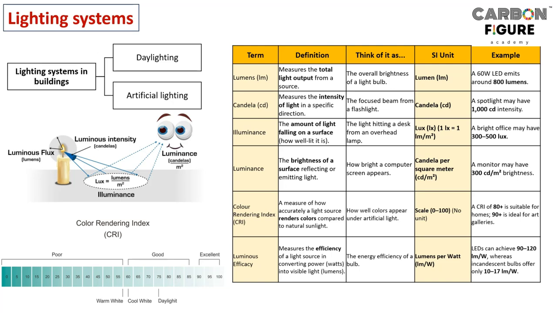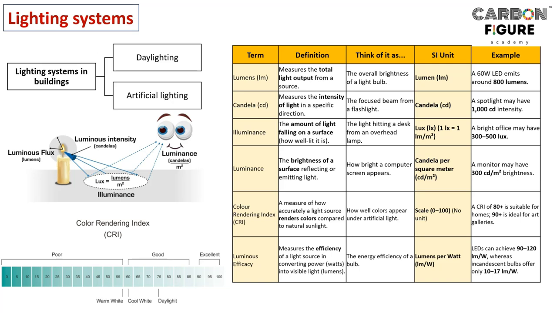Then luminous efficacy is a measure of efficiency of a light source in converting power into visible light, right? It is mentioned in lumens per watt. This is where the new lighting technologies come into the picture, with lower input of power, that is watts, how much light output can be produced.